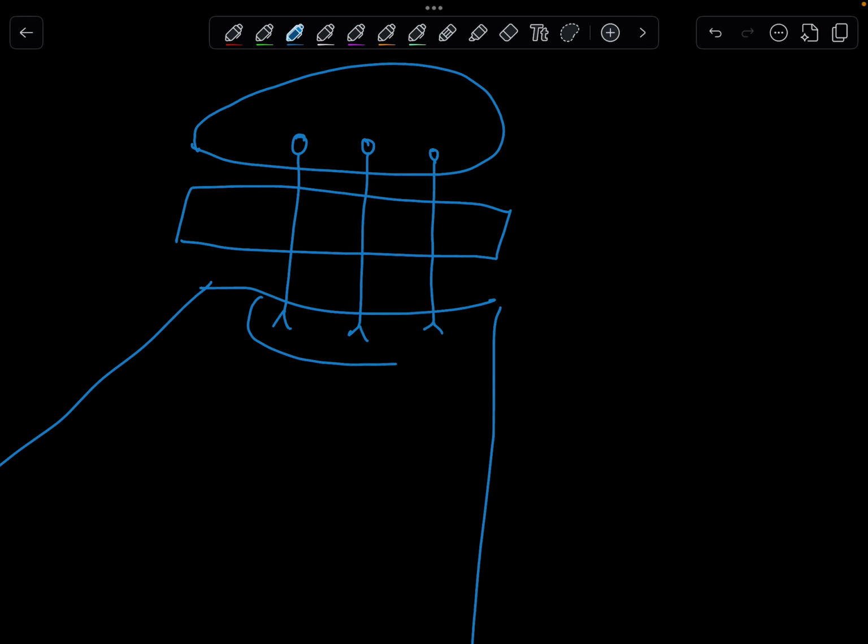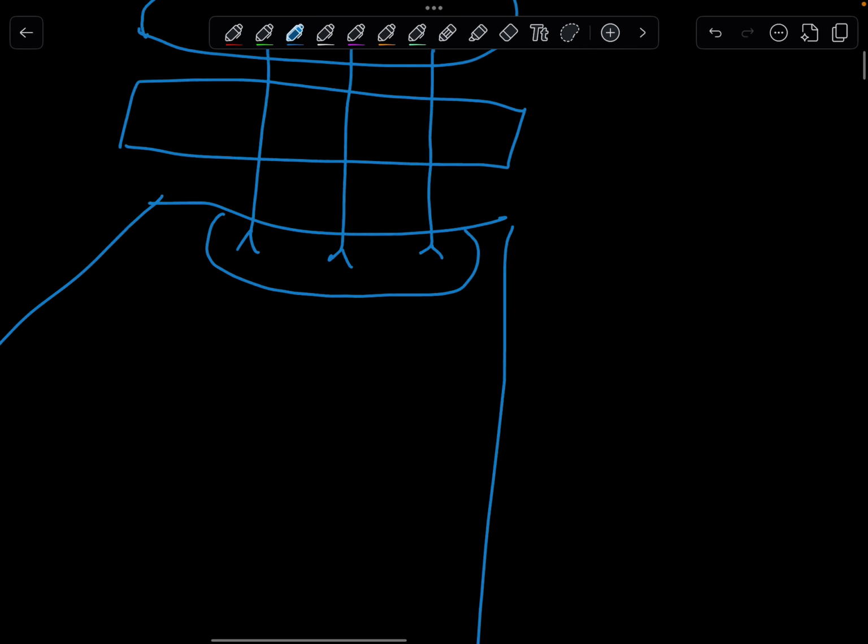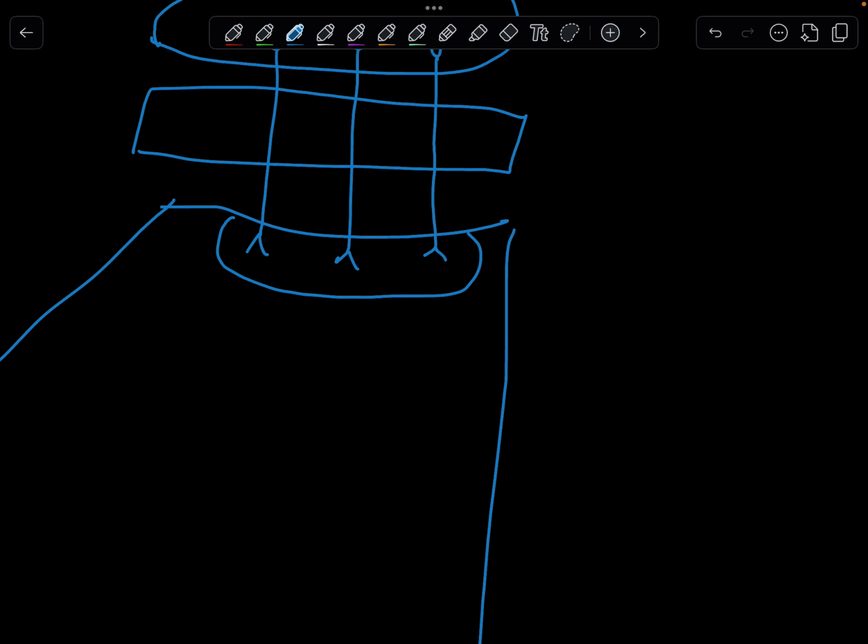And a mucous membrane here. When we smell things, that odorant is going to come in contact with this mucous membrane, dissolve, and then bind here.